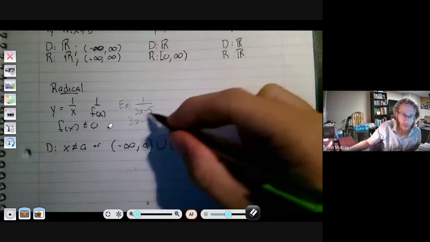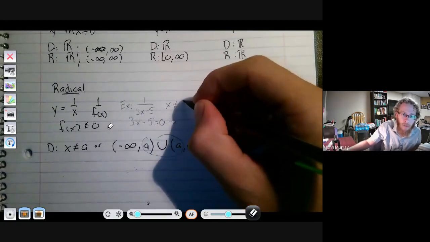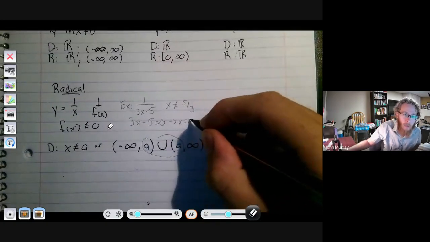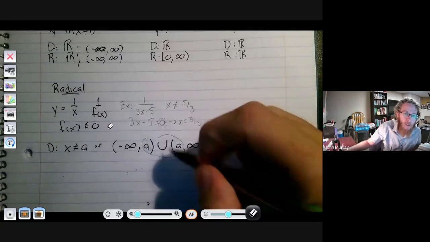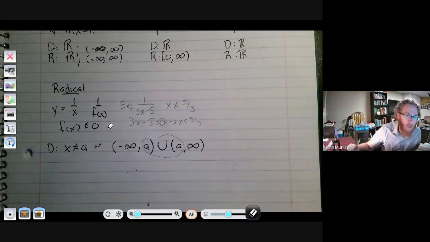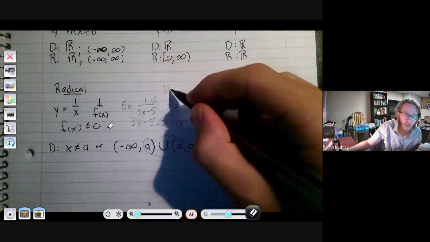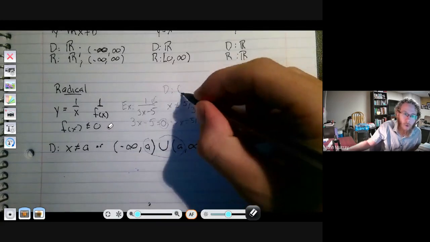So for this specific example, x can't equal 5/3, because if it equals 5/3, we get a 0, and that messes everything up.